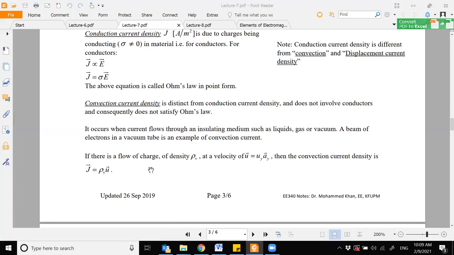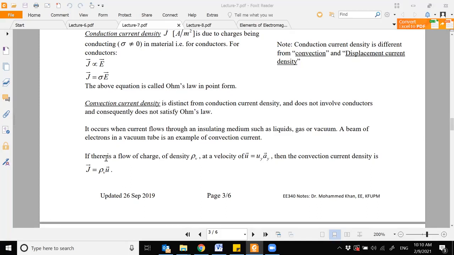If this flow of charge, that is the beam of electrons, has a density of rho v coulombs per meter cube, and this charge is moving at a velocity of u in any direction, for example I'm showing it in the y direction, because velocity is a vector, so u_y a_y, then the convection current density is simply given as the multiplication of the charge density and the velocity. This is called the convection current.